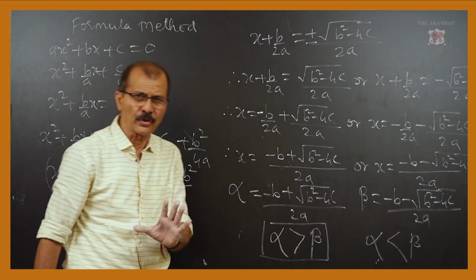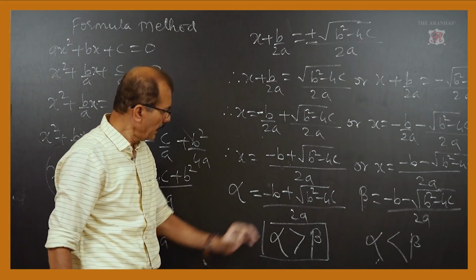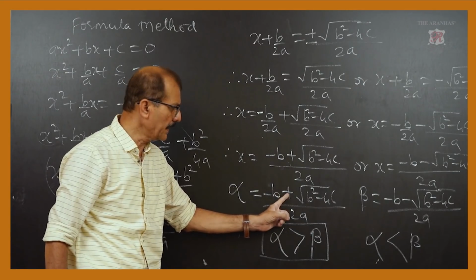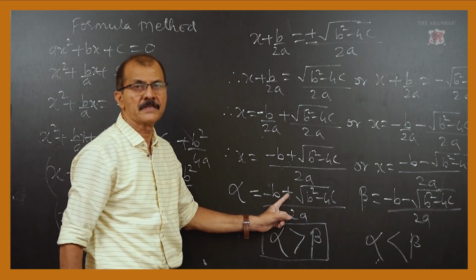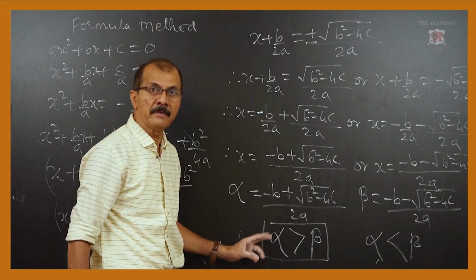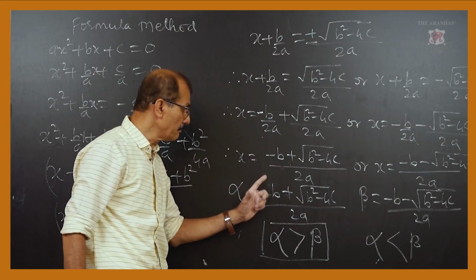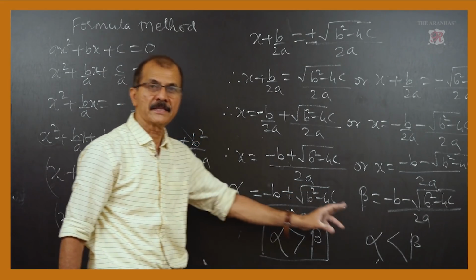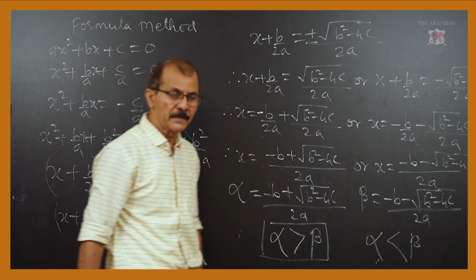So, in short, what you have to remember is, depending on the middle term sign, you have to guess which is bigger. If alpha is minus b plus root, alpha will be bigger. If alpha is minus b minus root upon 2a, then alpha is less than beta. I hope this is clear.